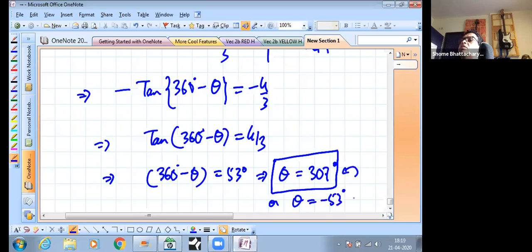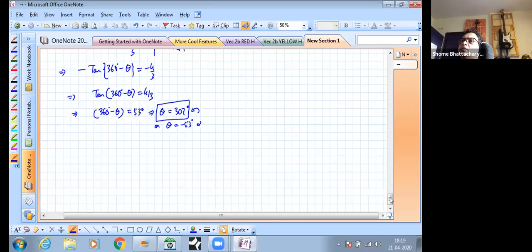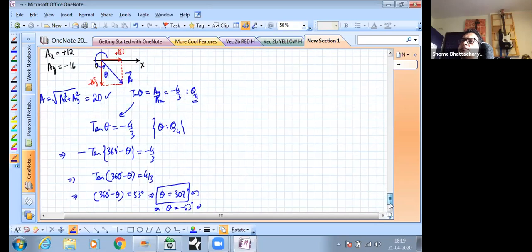Anti-clockwise of this is the same thing as clockwise of 53. So that is the concept that I'm doing. So an angle of 307 degrees can also be expressed as minus of 53 degrees. That's also an acceptable way of writing the answer. But the more proper way of writing the answer is actually with the positive sign, the anti-clockwise angle of 307 degrees.